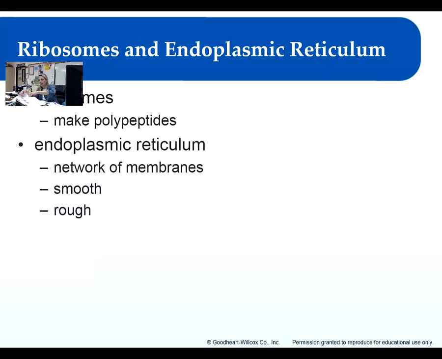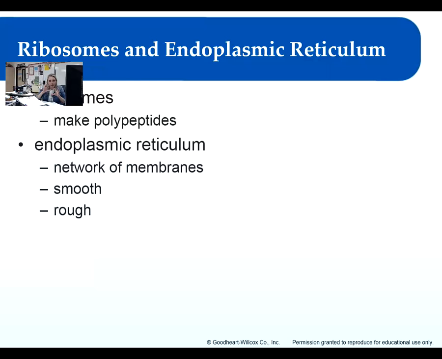Let's look real quick at the picture. On page 57 in your new book, at the bottom, you can see the rough endoplasmic reticulum. It looks like cavernous, flat membranes, and they wrap around the nucleus of the cell.